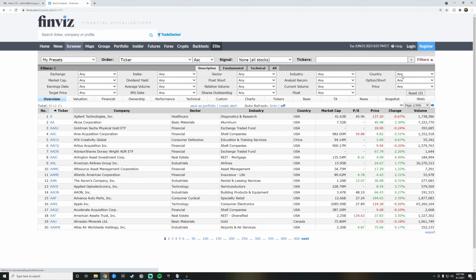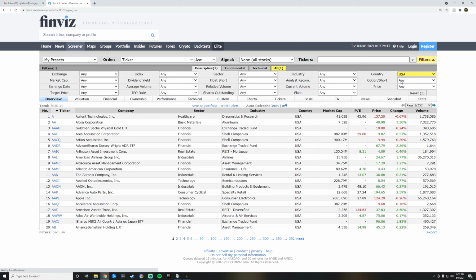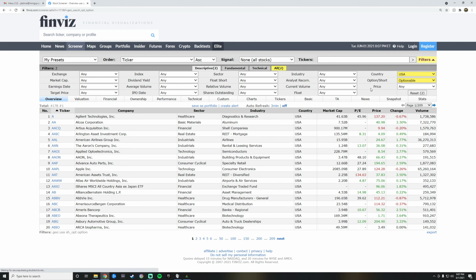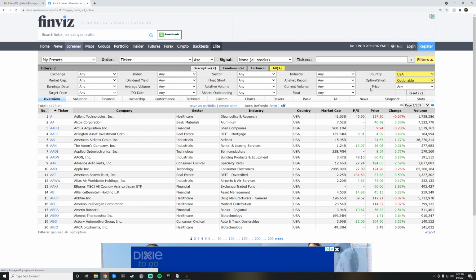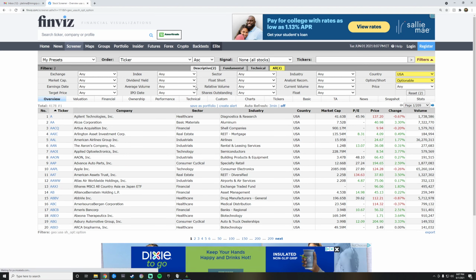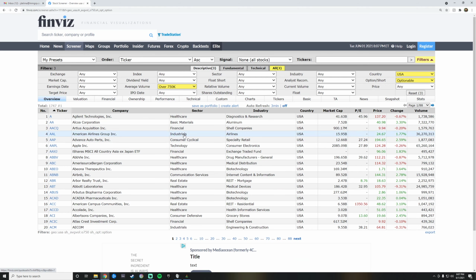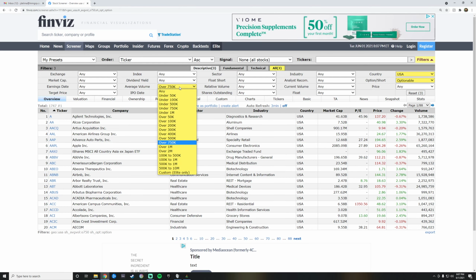First thing I do is I go to country, USA. I want all my stocks to be traded in the USA. And second, I'll go optionable because I like to trade options, so I want to make sure my stocks are optionable. Next thing is average volume. I go 750K plus, just because you want stocks that are heavily traded. So this means that 750K shares exchange hands on average per trading day.